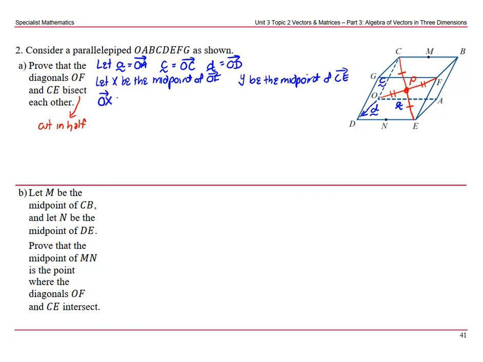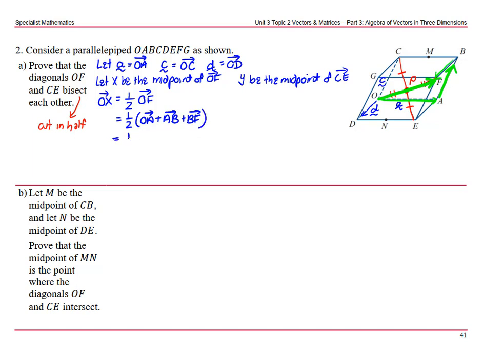So if I look at OX, it is going to be a half of OF, which is going to be a half of, now OF is this vector here. So to get that, I can go OA plus AB plus BF.